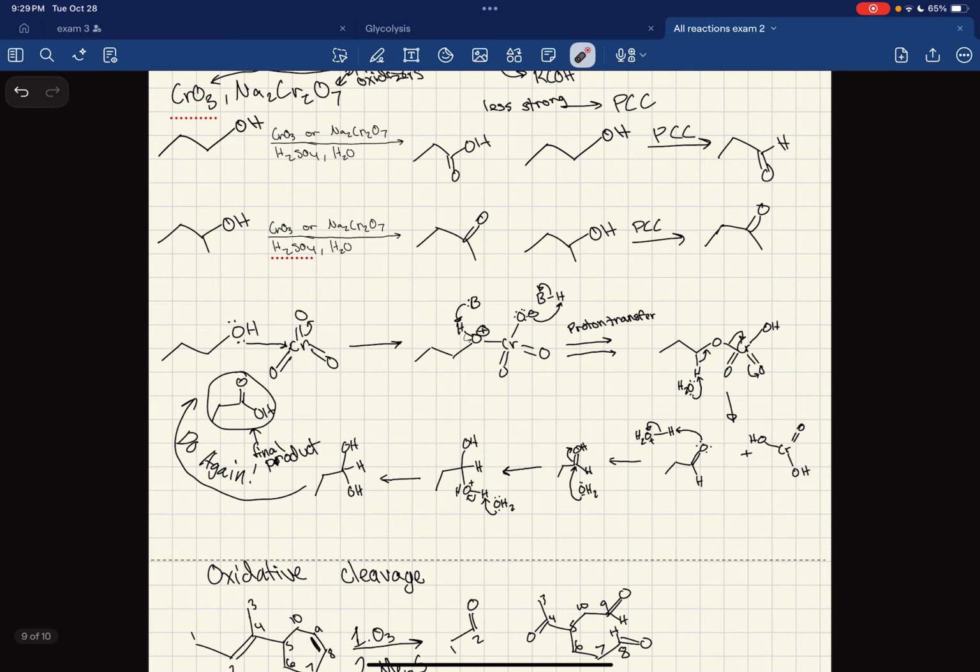All right, so for the mechanism, when I look it up, it's a little bit different, but this is the way she taught it. So I assume this is what she wants you to know for this class specifically.